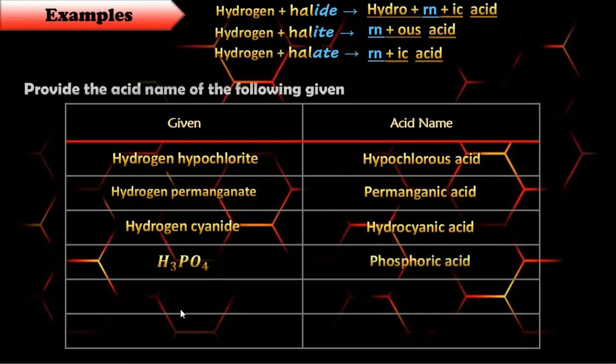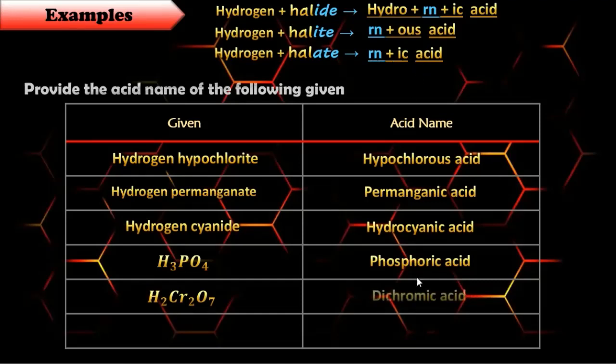And second to the last example, we have H2Cr2O7. That is hydrogen plus dichromate. The anion ends with ATE. Therefore, dichrom is the root name plus IC. So the answer is dichromic acid.